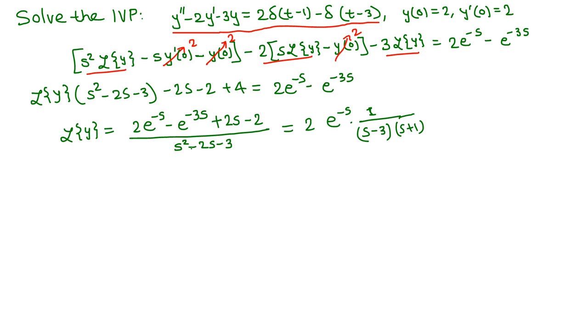That first term divided by this, minus e^(-3s) times 1 over, when we factor, (s-3)(s+1), and plus (2s-2) over (s-3)(s+1).